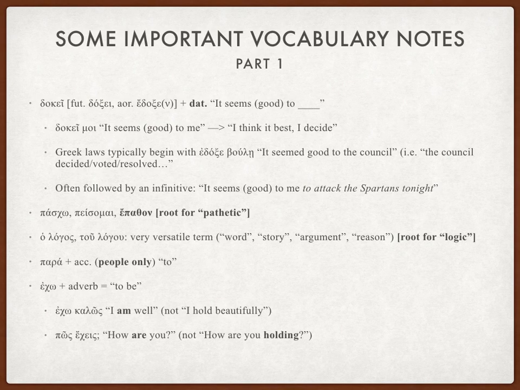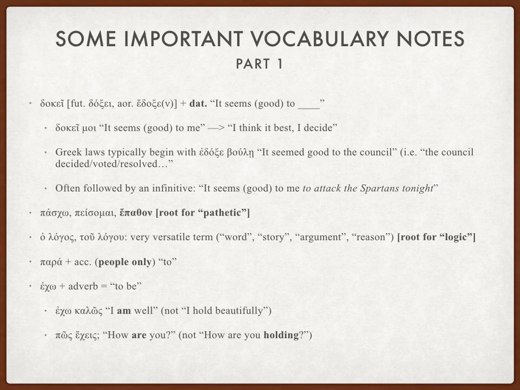And that someone will always be in the dative. So for example, dokei moi means it seems to me, or really it seems good to me to do blank. And I'll see an infinitive come after that. Another way I could translate that is I think it best. If it seems good to me, that means I think it's good. That's a way I can translate it into a smoother English sentence. Or sometimes I decide to do something.